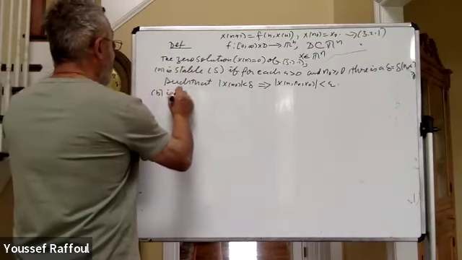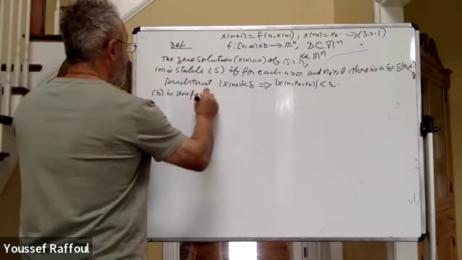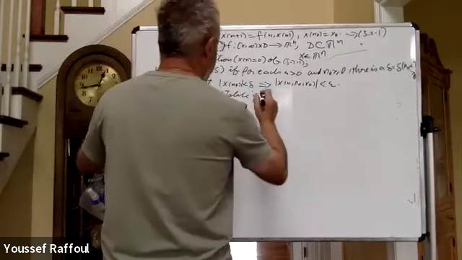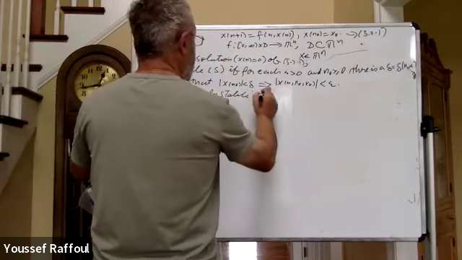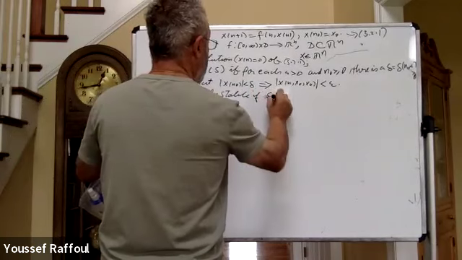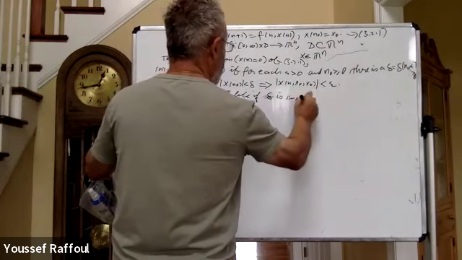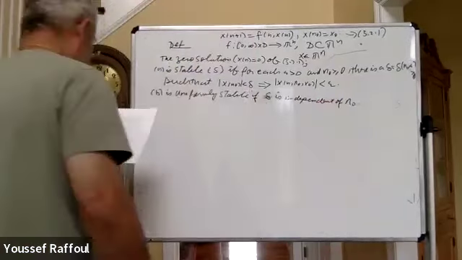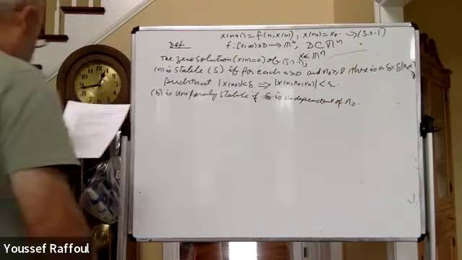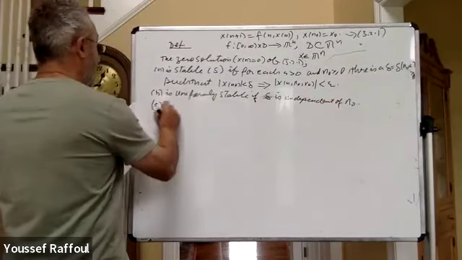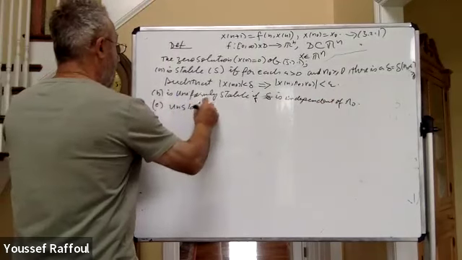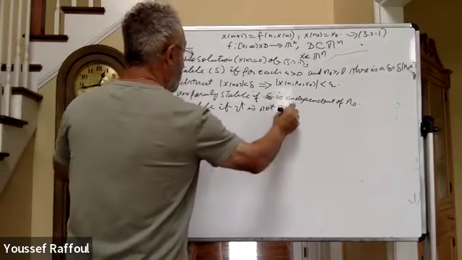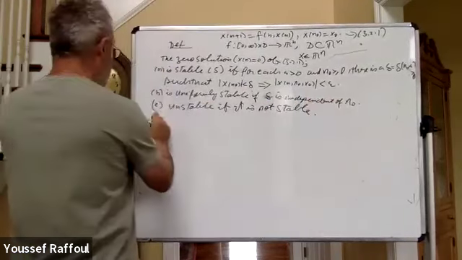B is uniformly stable if delta is independent of n naught. Okay. C, unstable if it is not stable.